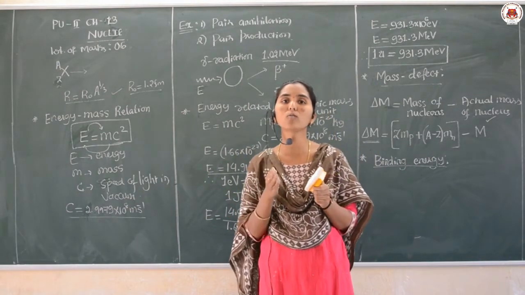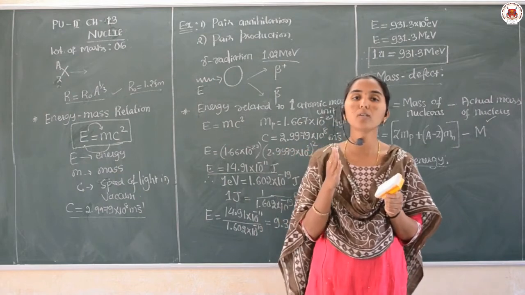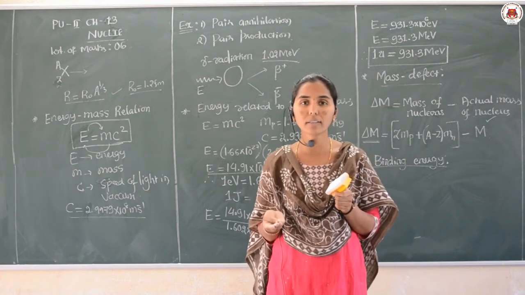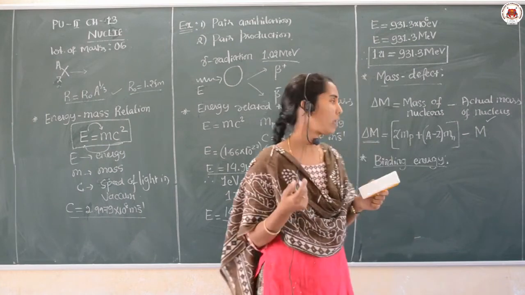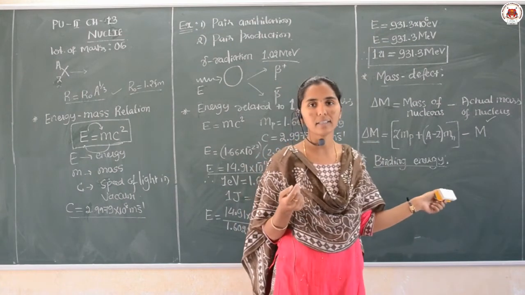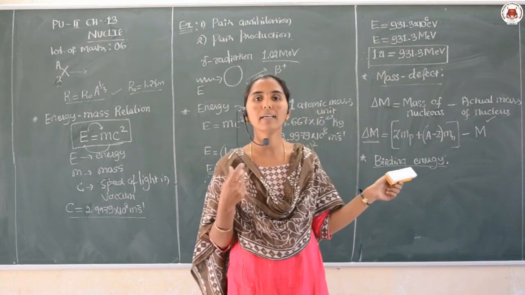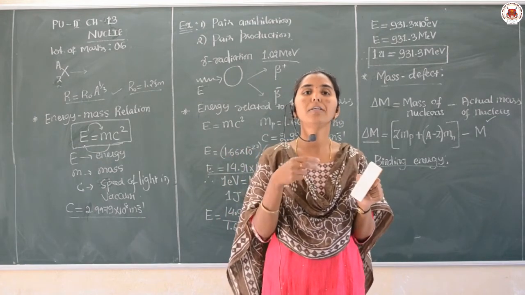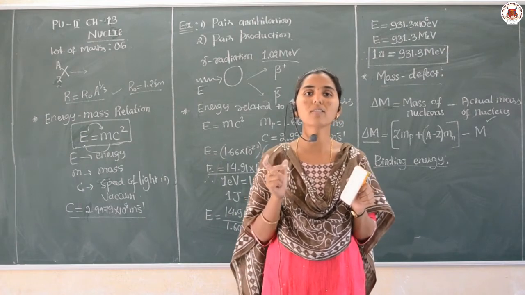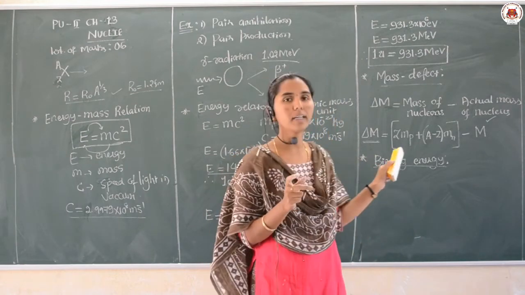We need to do external work there. That external work is called the binding energy. The amount of energy required to split up the nucleons, that is called the binding energy.